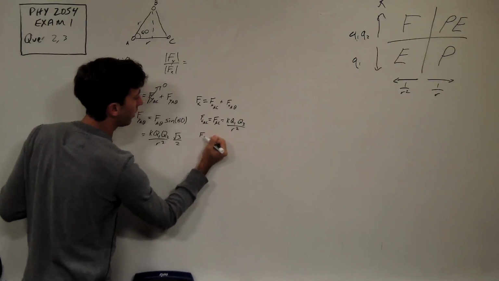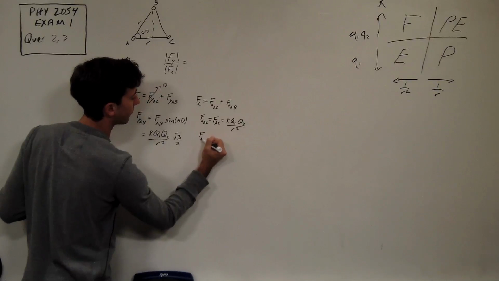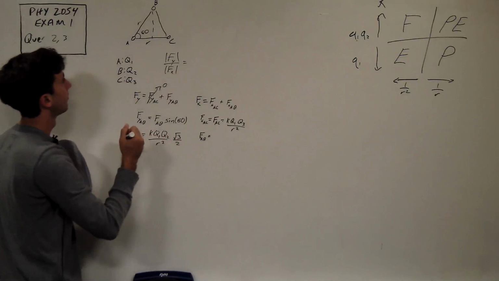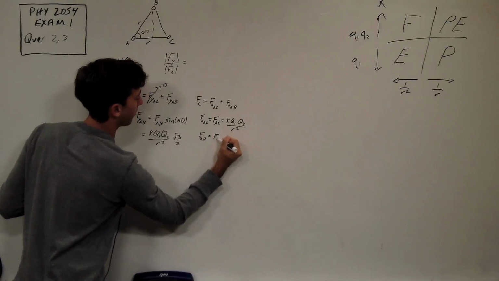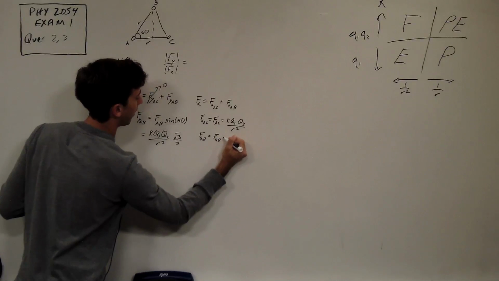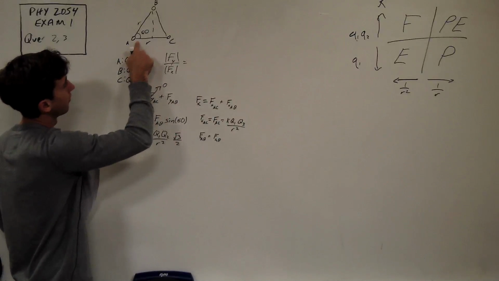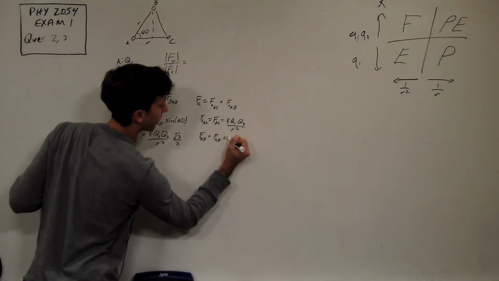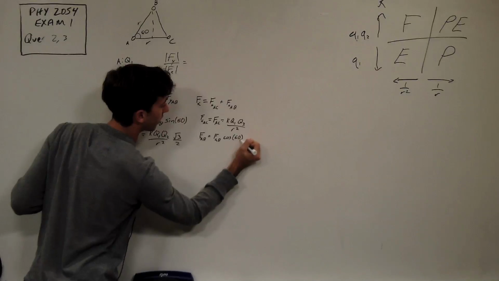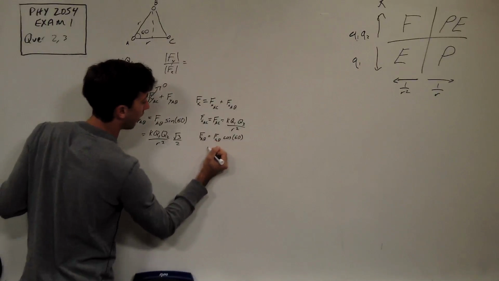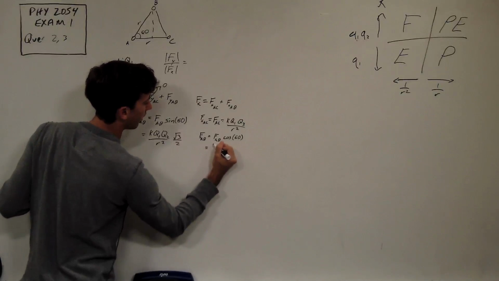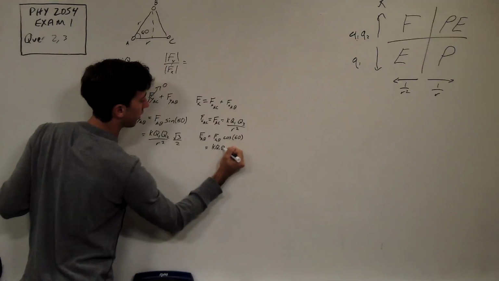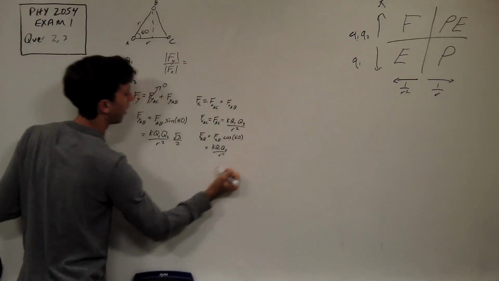And the force between A and B in the x component is equal to, similar to the y component, the force between A and B times, this time, the cosine of 60. Great. So from before, we know that F_AB is equal to K Q1 Q2 over r squared.